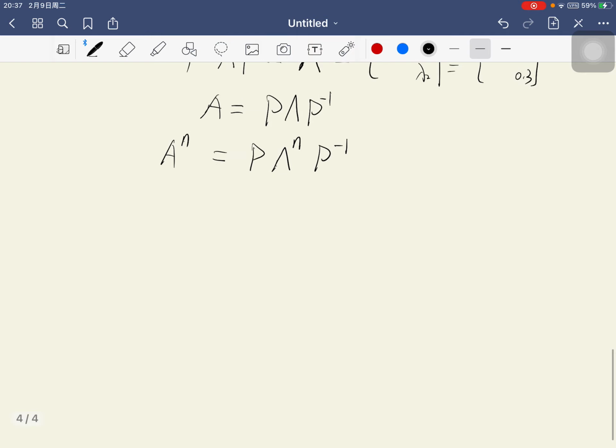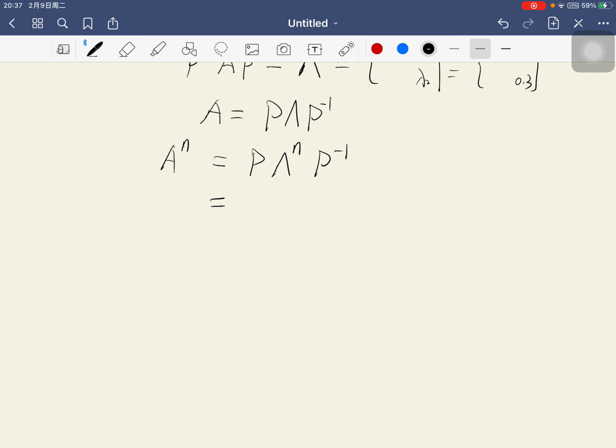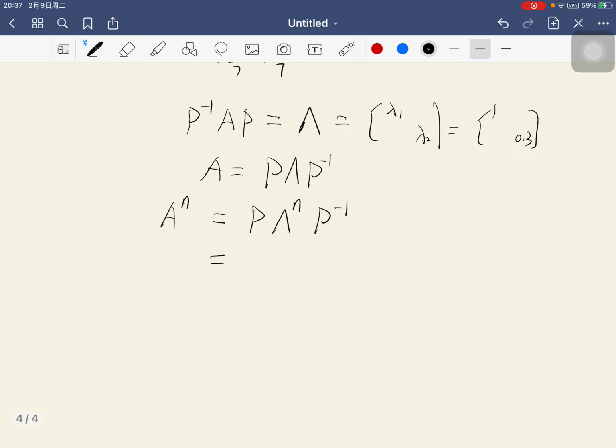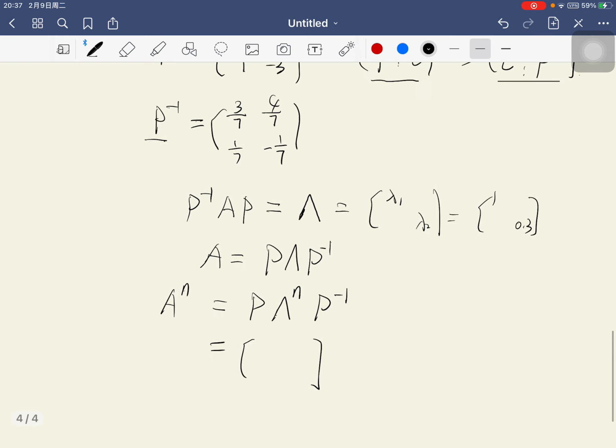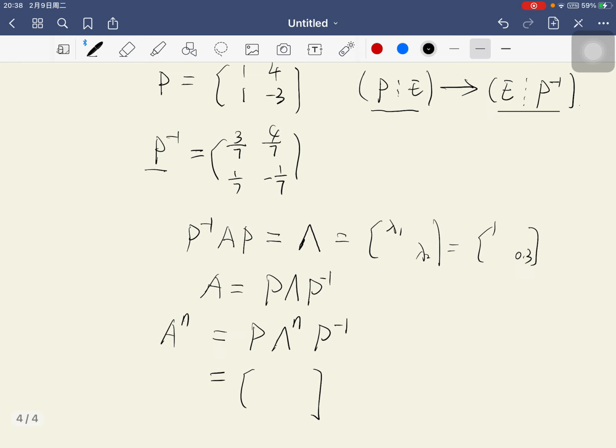So it is equal to what we computed above: P is 1 1, 4 minus 3, the diagonal matrix is 1 and 0.3 to the power of n, times the P inverse matrix, 3/7, 4/7, 1/7, and minus 1/7.